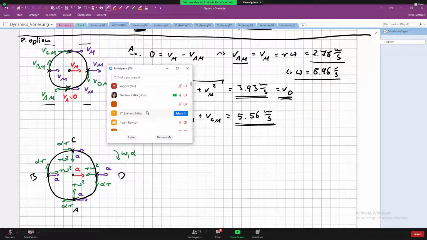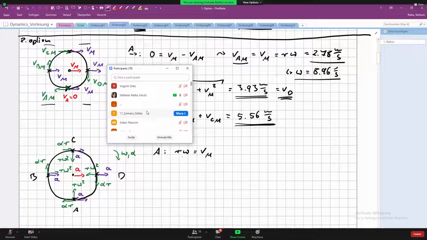But again, we have this point A. And we have this relation saying our velocity in horizontal direction is 0, and then our acceleration in horizontal direction is 0 as well. Meaning that we can say r omega is equal to Vm, the velocity of the car itself, then this condition is also true in its time derivative.